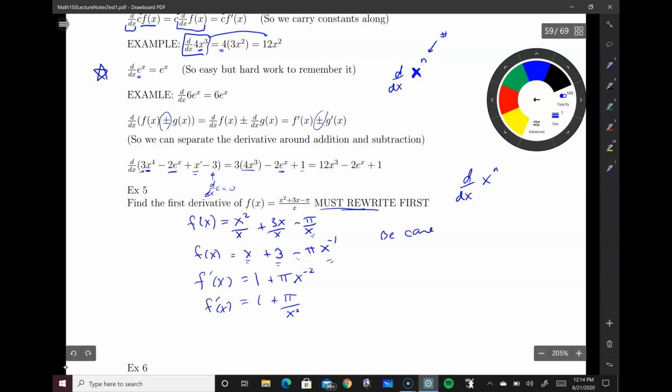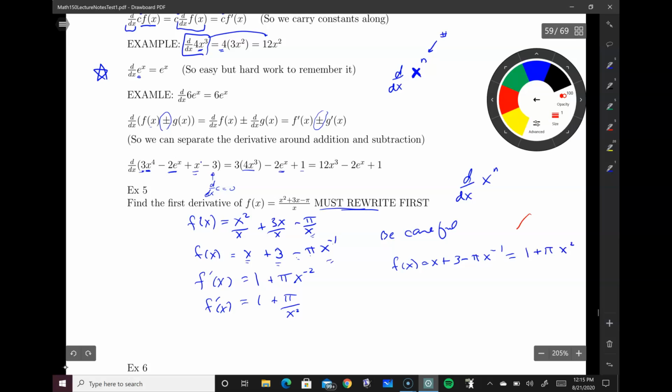So be careful. What I don't want to see you doing is saying, okay, here's my f of x, which is x plus 3 minus pi x to the negative 1. And then some people just think, oh, I know, I'll just take the derivative, and that's equal to 1 plus pi x to the negative 2.